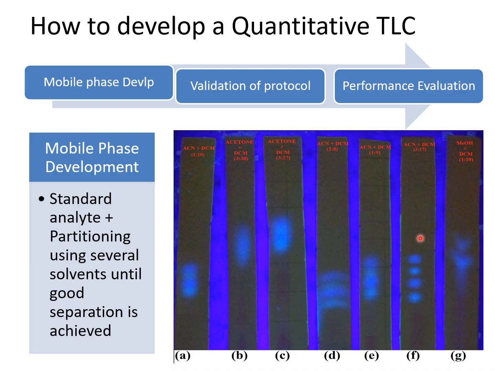Hence, the solvent system in lane F can now be adopted for analysis of aflatoxins, or if it is not aflatoxins, it can be adopted for the analysis of the target analyte.